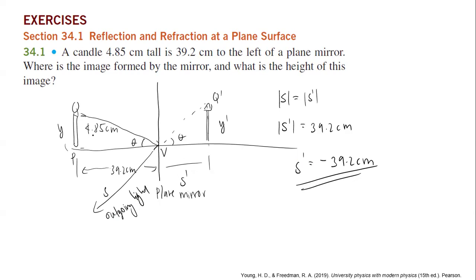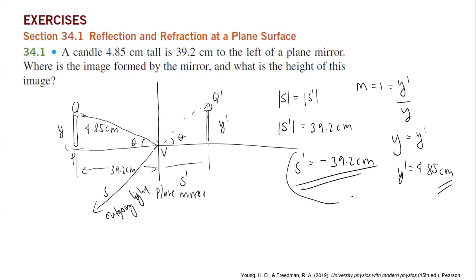Since the lateral magnification for a plane mirror is m equal to y prime over y, which is equal to 1, y prime is just equal to y. Since the height is 4.85, y prime is equal to 4.85 centimeter tall also. So where is the image formed by the mirror?